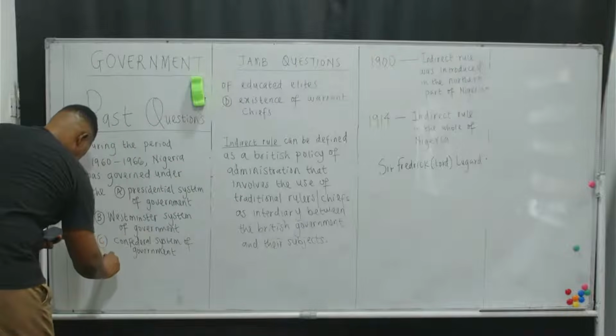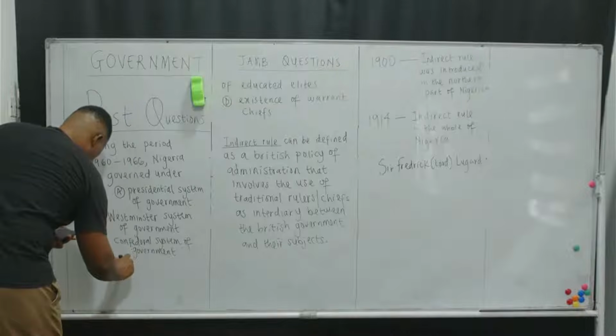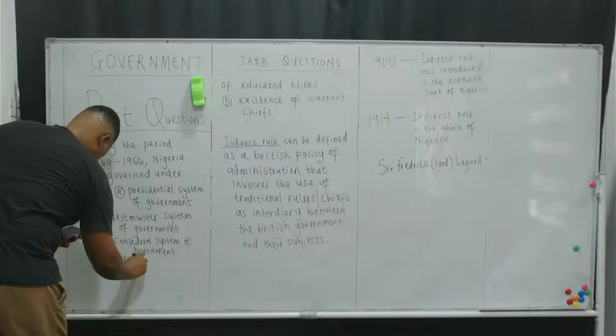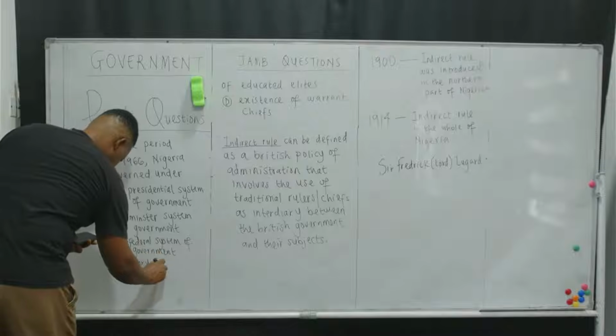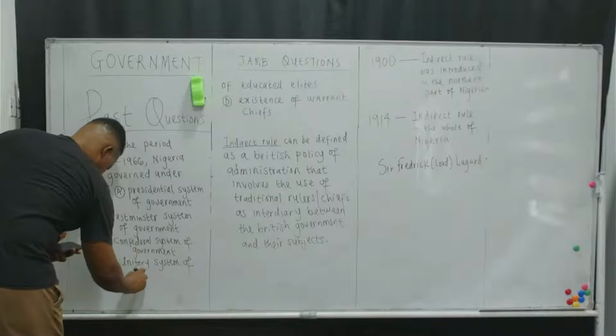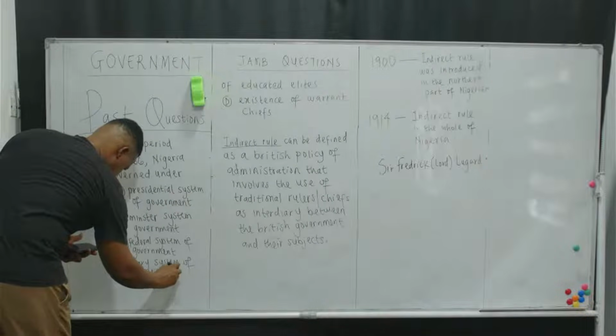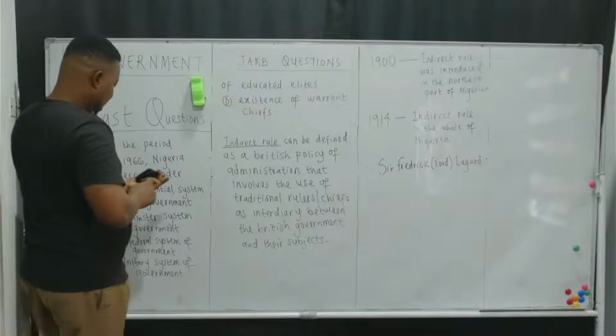And lastly, D, unitary system of government. That is our third question.